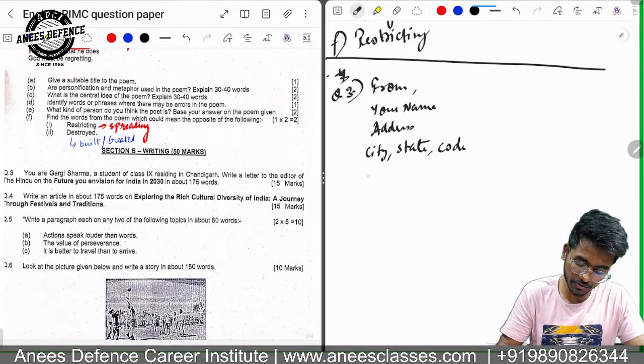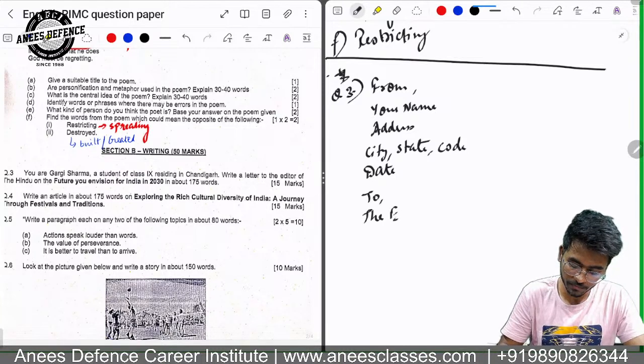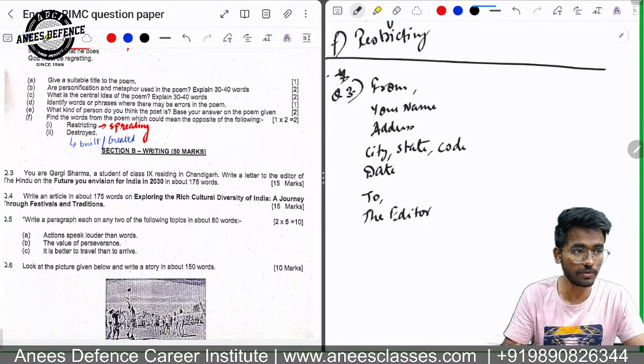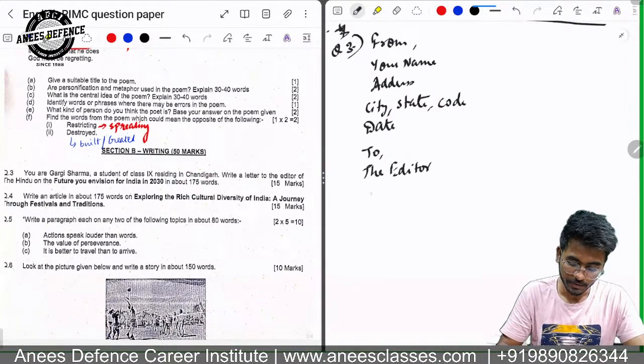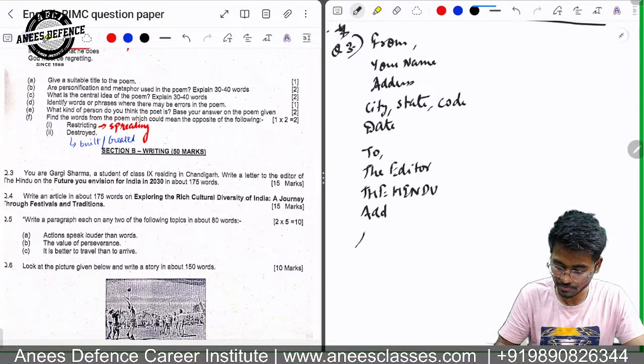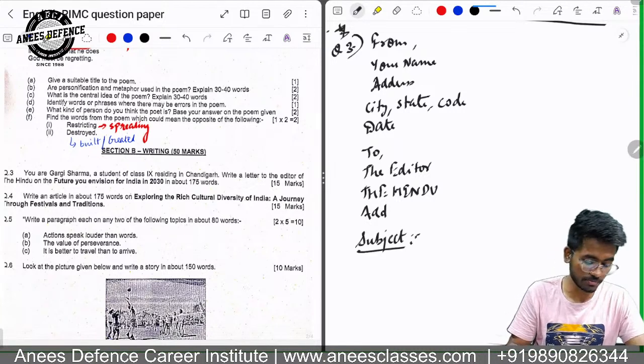Then onwards you'll write your date. Afterwards, to whom you're writing, to the editor, The Hindu, the editor's address over here, and then you'll write the subject.